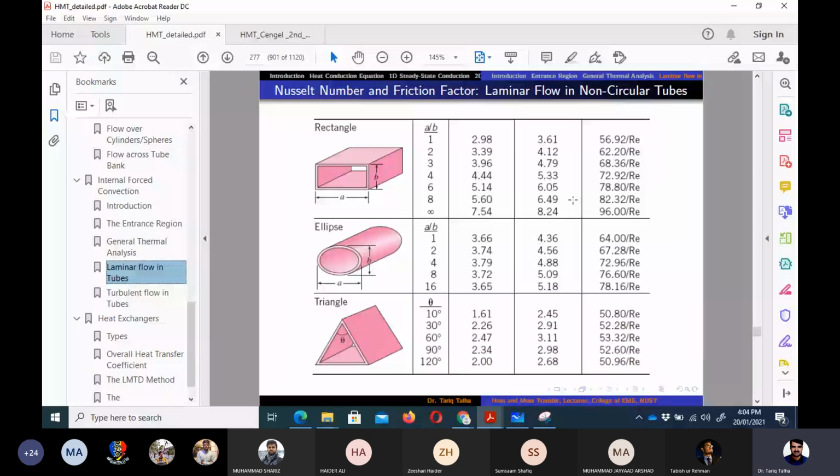So if we know the cross section and its geometrical aspect ratio A divided by B, then we can easily see the value of Nusselt number. And once we get the Nusselt number, we can calculate h from there for the laminar flow.